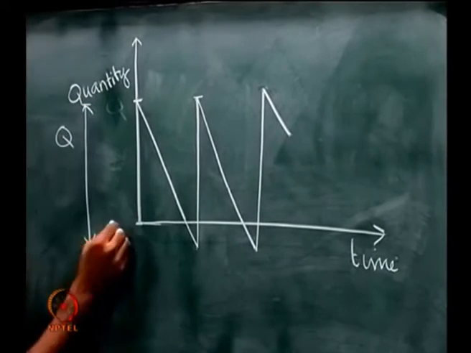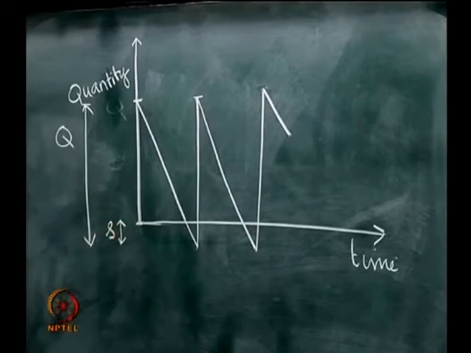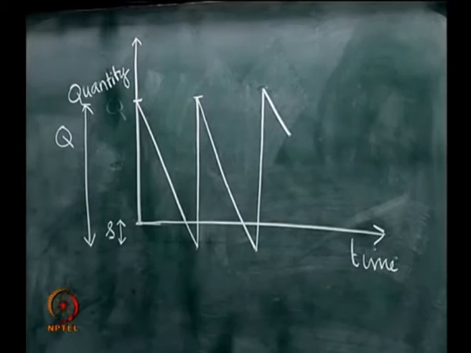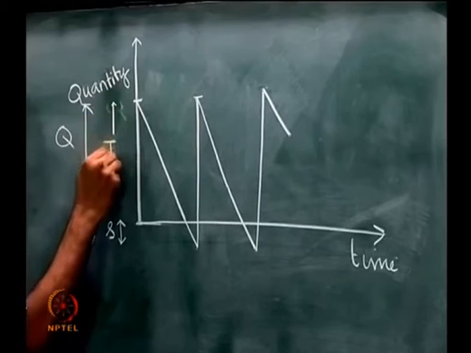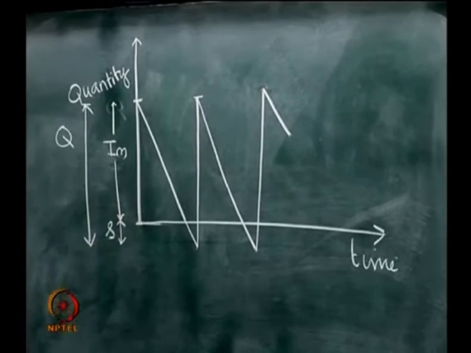Now this part, which is the back order part, is called small s, which is the back order, and the level to which the inventory gets built up is called IM, maximum inventory, which is here.